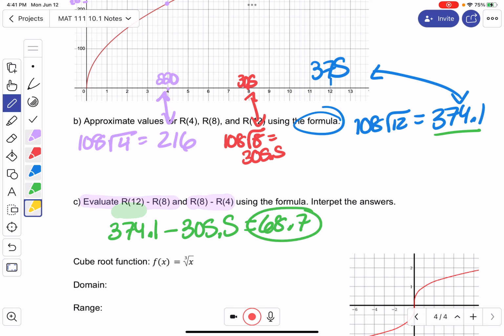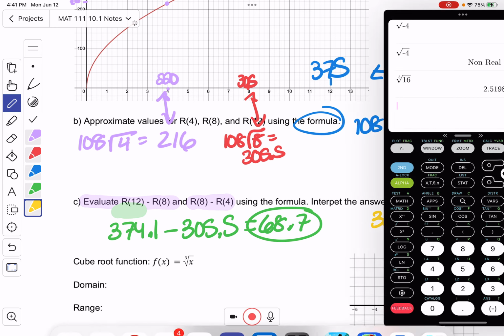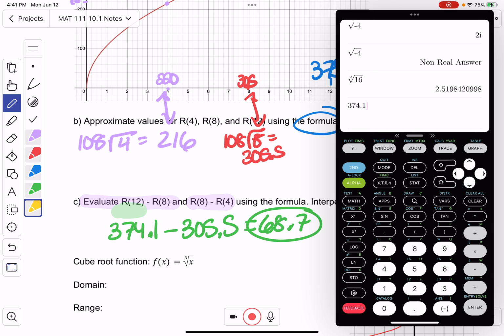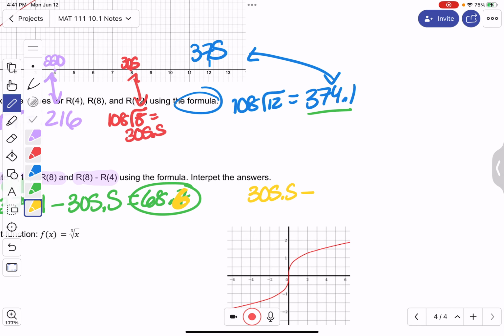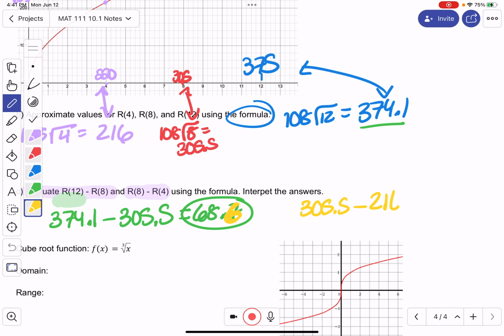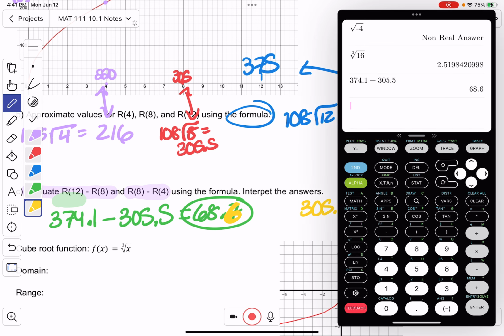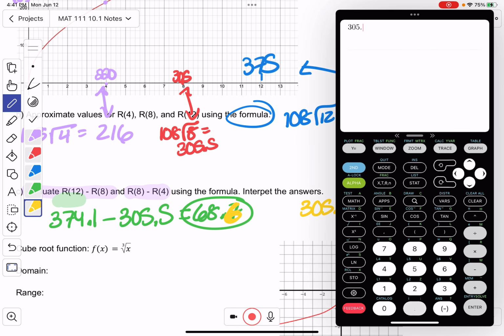Then let's do the other one. r(8) was 305.5, minus r(4), 216, is 89.5.